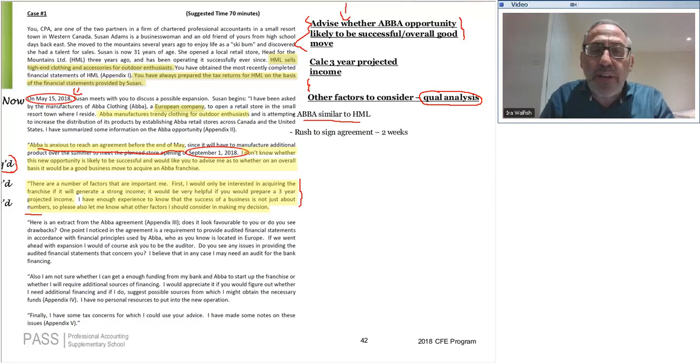Initially, I didn't know why it's relevant. Now that I know I'm playing a business advisory role, I now have another qualitative point. I'm going to warn her that it seems very rushed. 2 weeks doesn't seem like enough time to do adequate due diligence before purchasing this new business. Is everybody clear? So that would be another factor that needs to be considered from a qualitative perspective in acquiring the franchise.